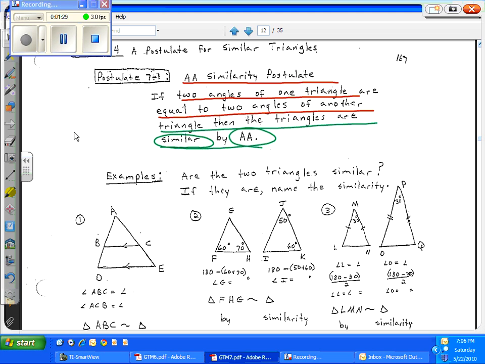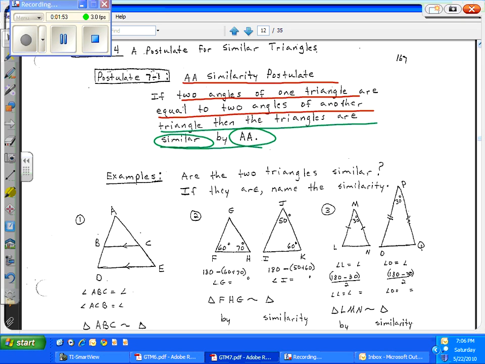Now you may say, well, why don't we use all three? Well, there's another rule that says if two angles of one triangle equal two angles of another, then the third angles are automatically equal. So we don't have to try to prove three sets of angles equal. We prove two pairs of angles equal, and the other pair are automatically equal.